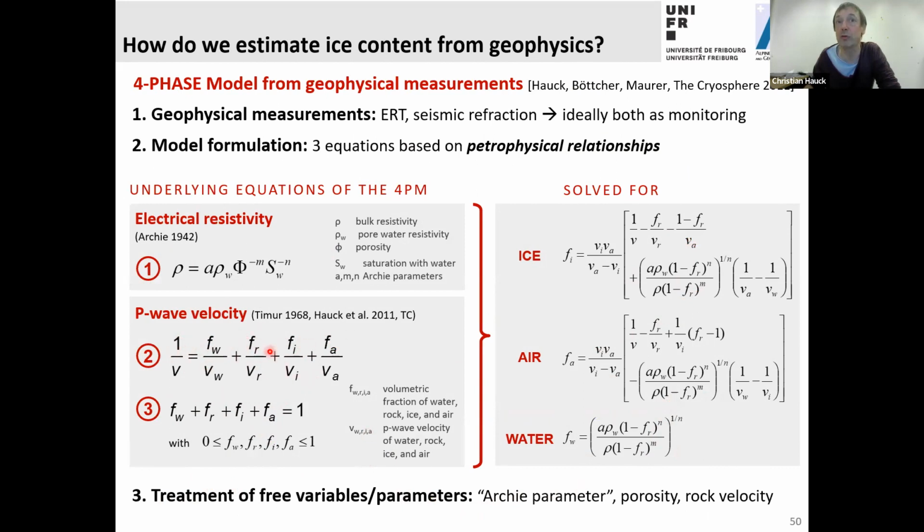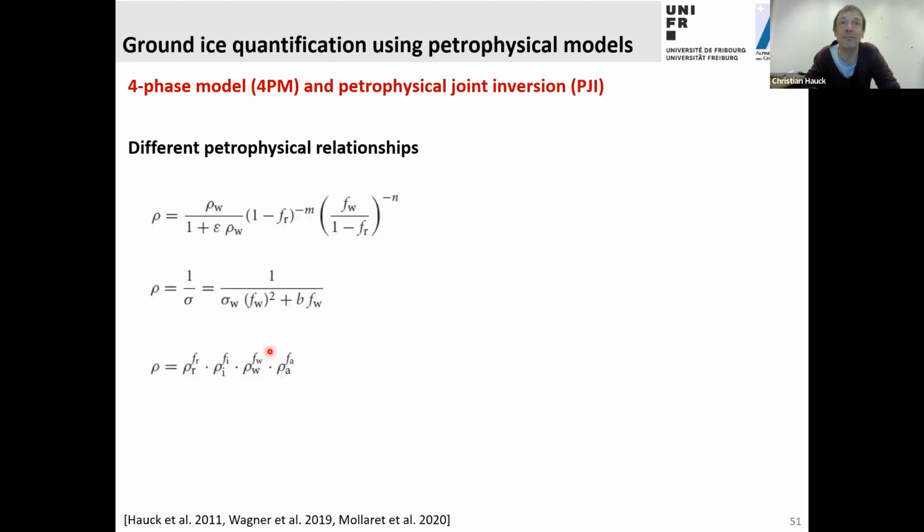And usually we prescribe porosity because at least we might have a basic understanding of our field sites in terms of porosity. But obviously that is not very satisfying.